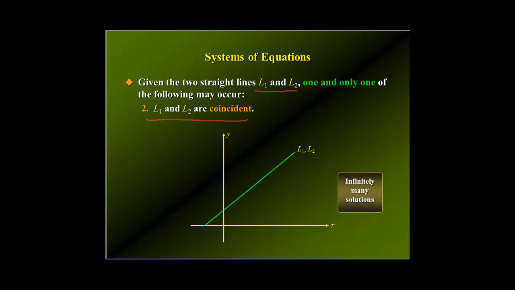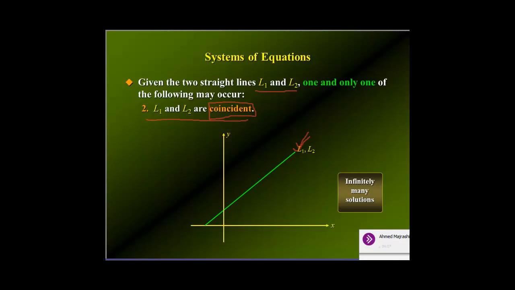If you remember, I told you in my face-to-face class, coincident means one on top of the other, that is, the two lines are on the same line. This is L1 and this is L2, both lines are on top of each other.